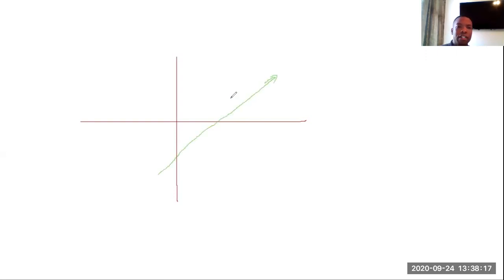There's that line right there. And let's say this point right here is -3, right? And let's say this right here is, let's say this right here is what? 3, let's say go up.